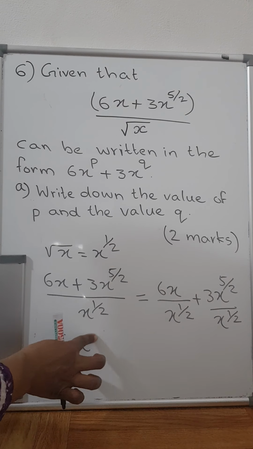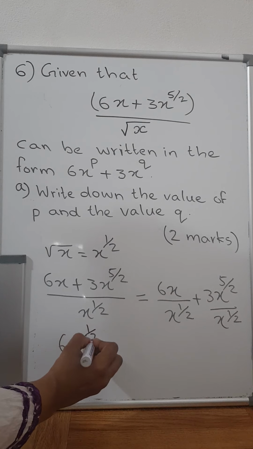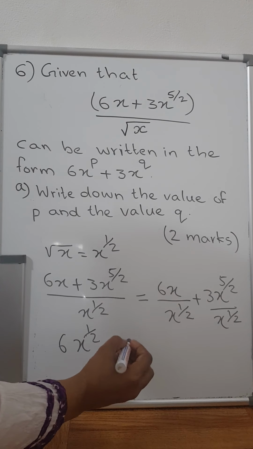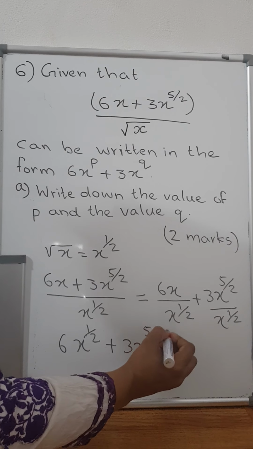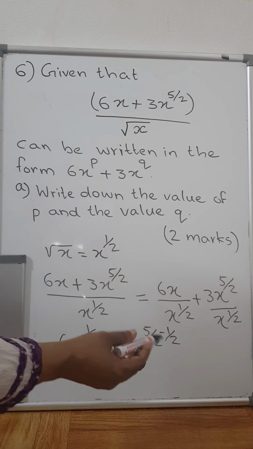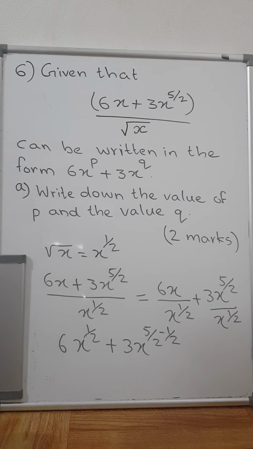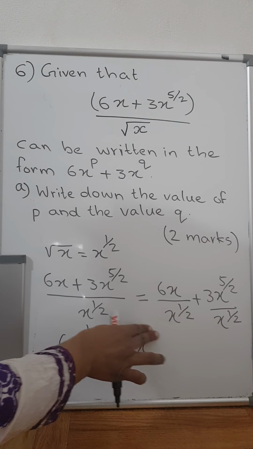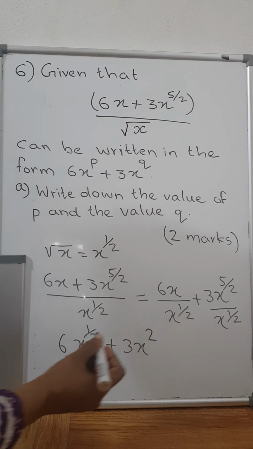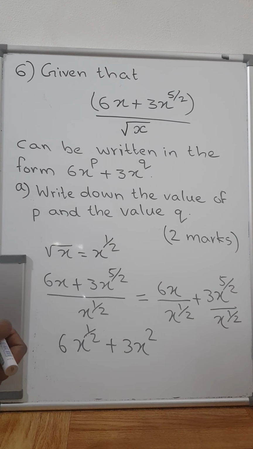So this is 6x to the power 1 by 2 plus 3x to the power 5 by 2 minus 1 by 2. 5 by 2 minus 1 by 2 is 4 by 2. That is 2. So this is 6x to the power half plus 3x square.